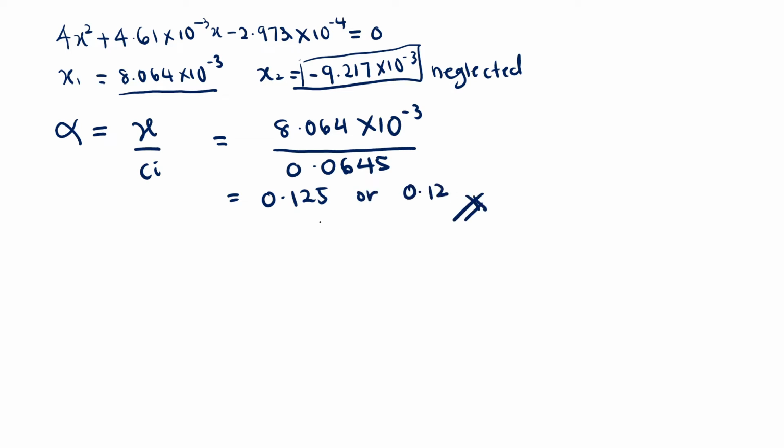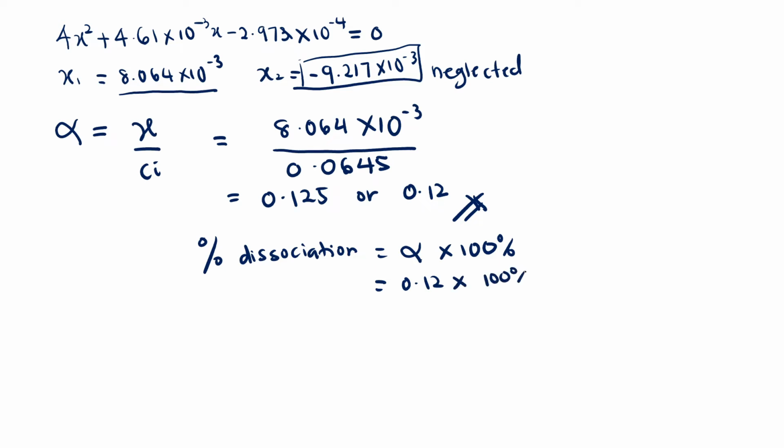If the question asks you to find the degree in the form of percent, percent dissociation, apa yang kita perlu buat? Kita just darabkan alpha times with 100%. So 0.12 times 100%, we got 12%. Jadi dia sama lah, 0.12 in fraction, and 12% di dalam bentuk percentage.